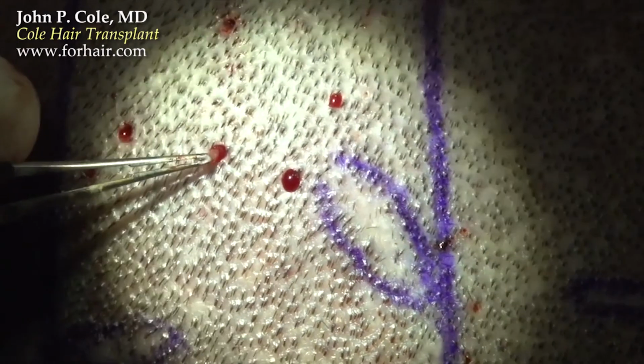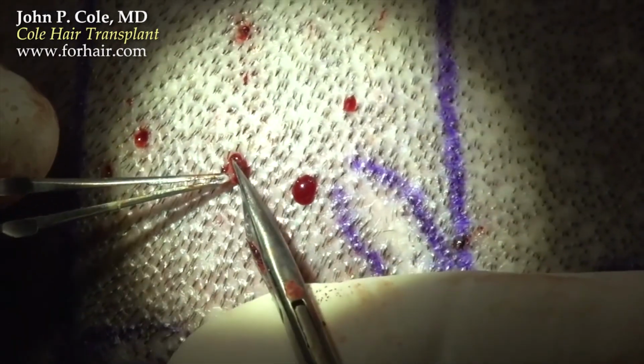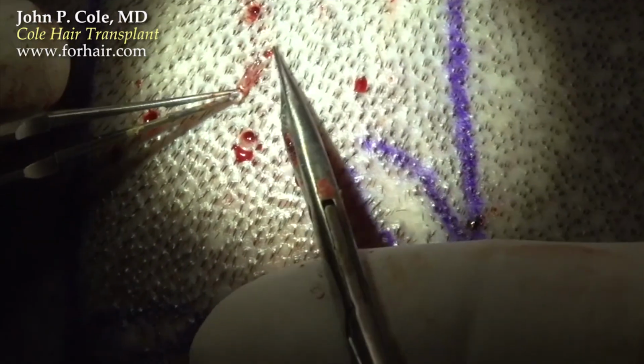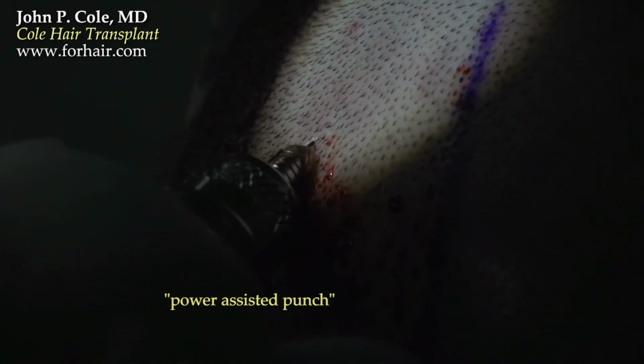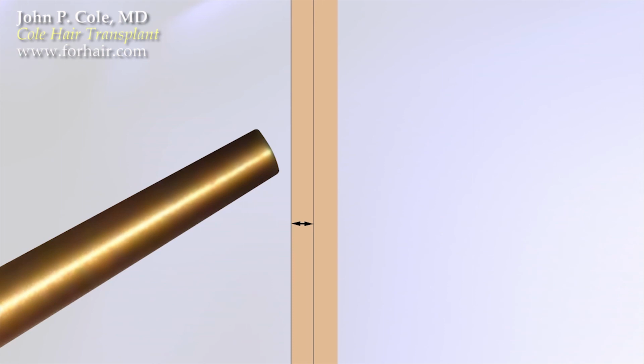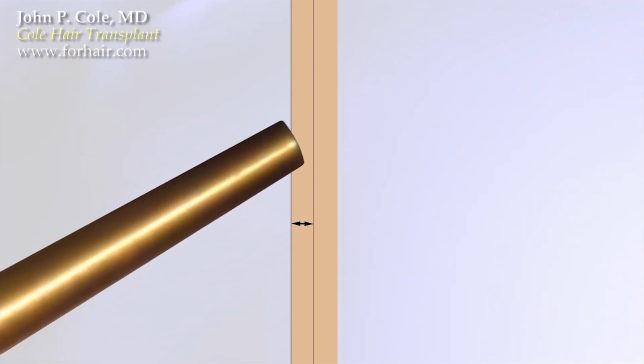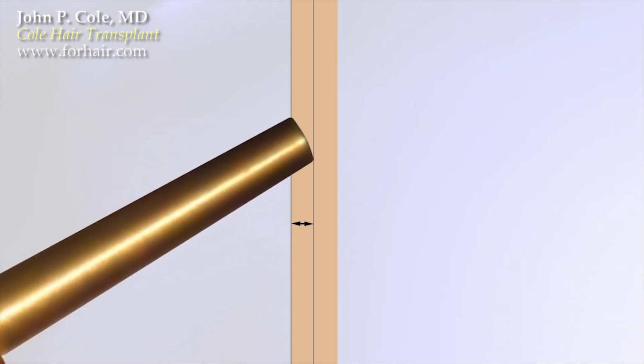So these different populations lie along the follicle at different levels. The reason for this is simple. When a punch or a needle enters the skin at an angle, the inferior bottom edge of the punch is going to incise deeper than the superior margin of the punch.